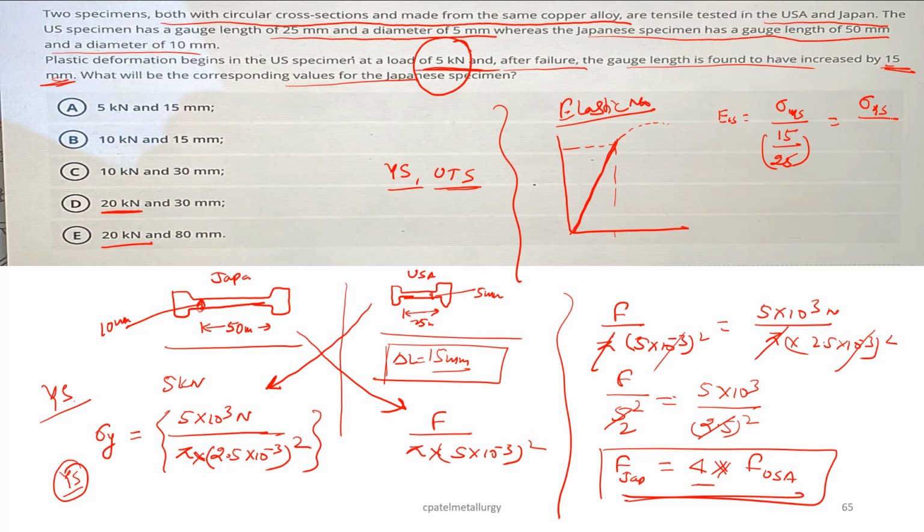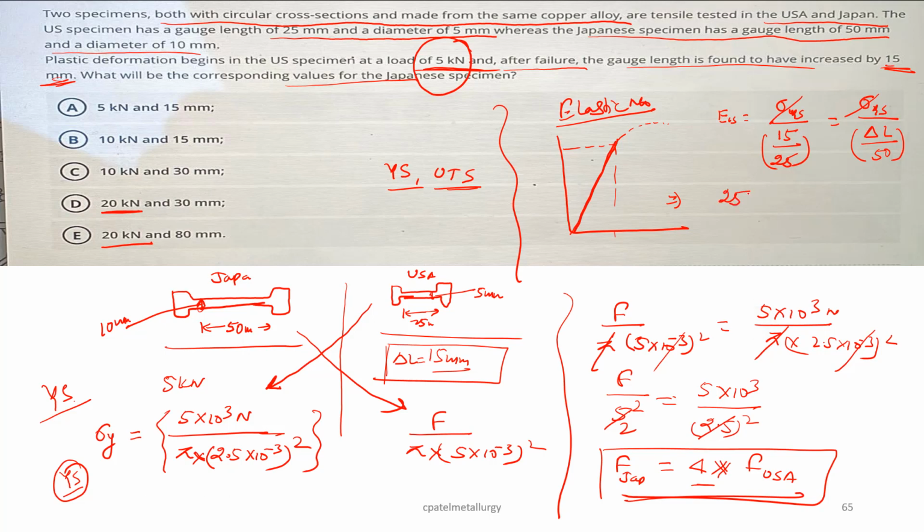For the Japanese specimen, the strain will be delta L by L naught. What is the L naught over there? It is 50. Now this sigma will cancel because both are equal.